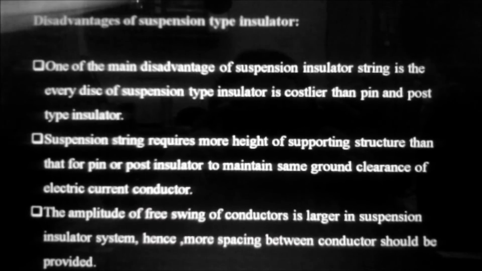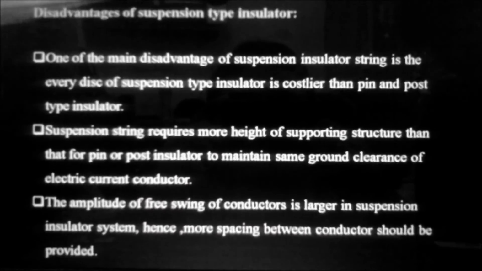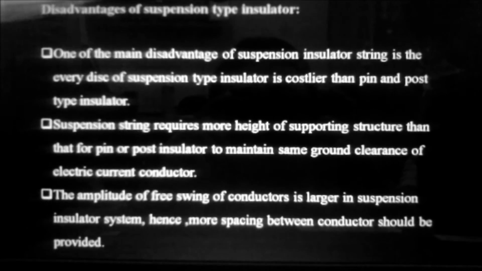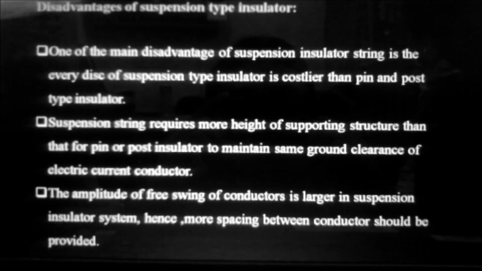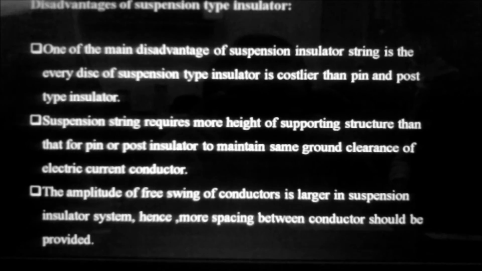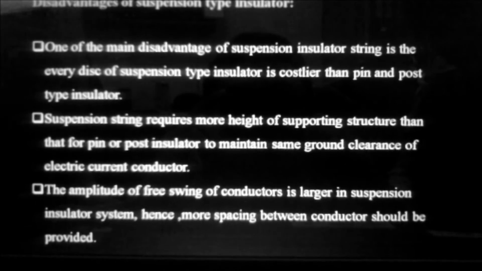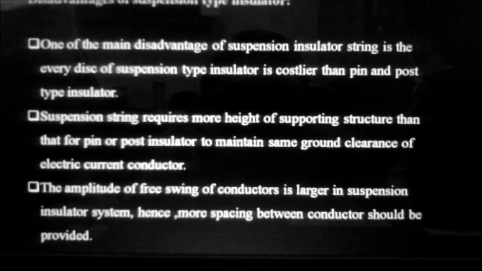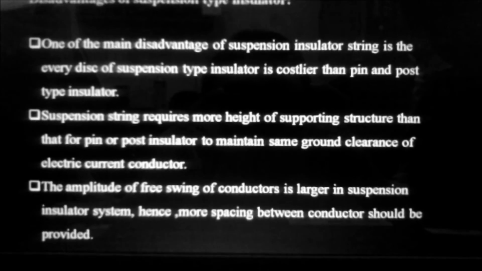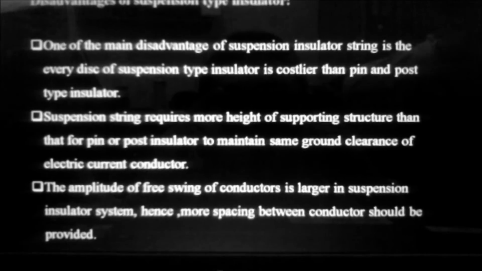The disadvantages of the suspension type insulator: First, one of the main disadvantages of the suspension insulator string is that the average disc of a suspension type insulator is costlier than a pin and post type insulator.